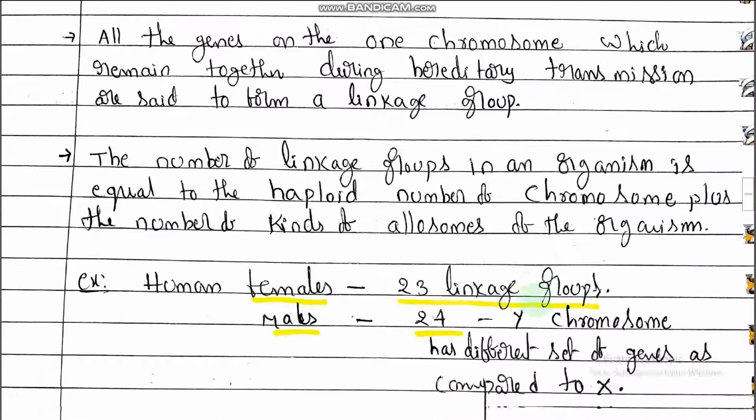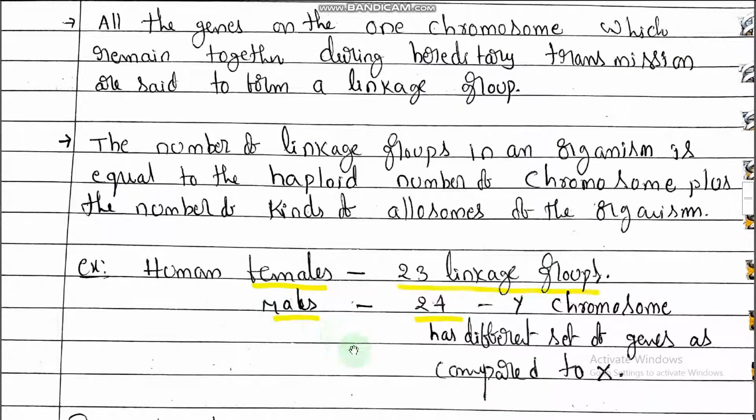But in human males, the haploid number of chromosomes is 23, plus the number of kinds of allosomes, how many? Two types, X and Y type. Y type is extra, 23 plus 1.